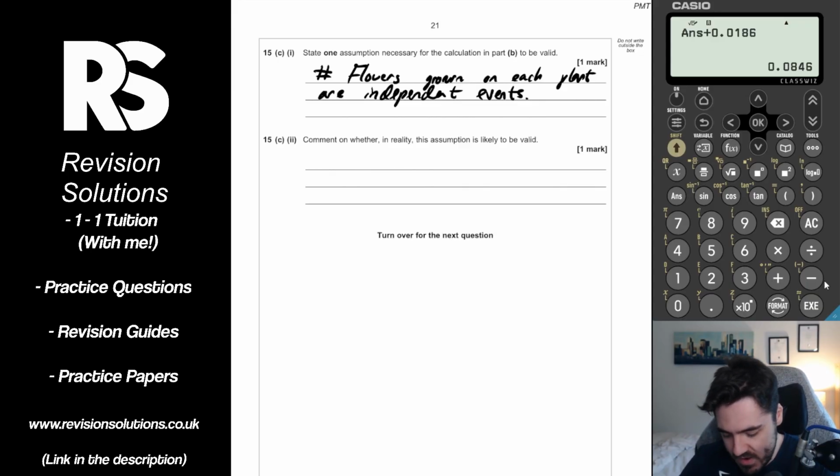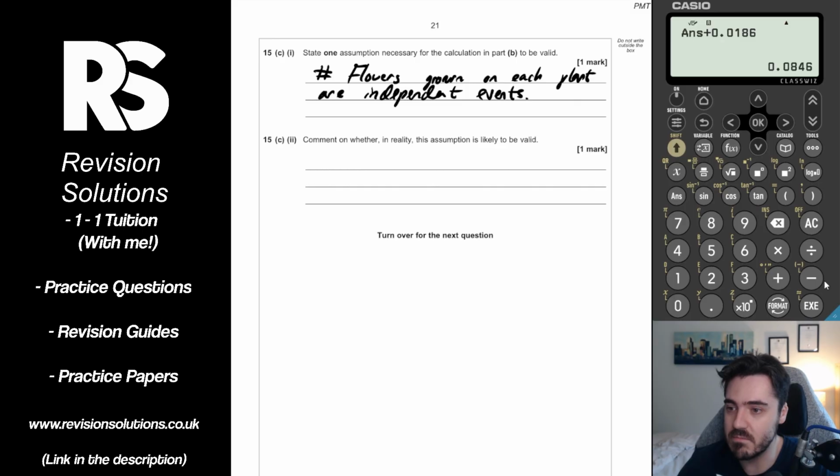Comment on whether in reality this assumption is likely to be valid. Probably not, right? They're flowers of the same species, so they're genetically similar. And also the conditions that would promote how many flowers they produce are common between them, like sunlight and water.